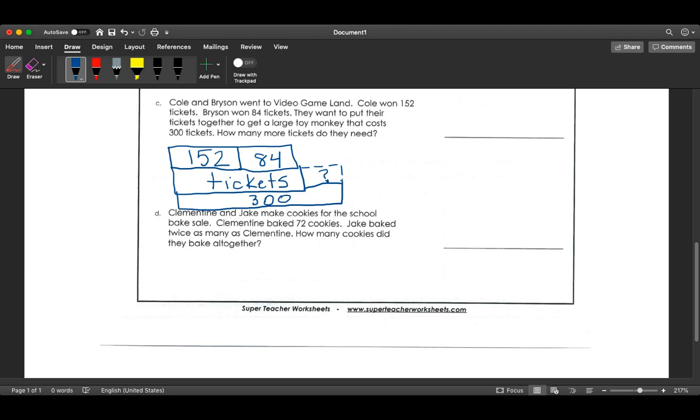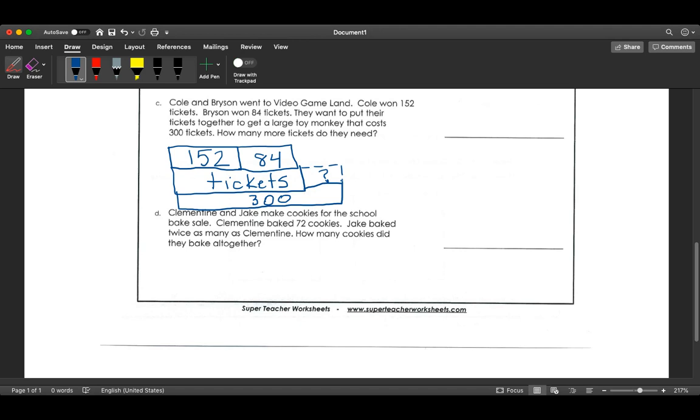So if you add together how many they each have, and then you subtract that from the 300 that they need, you'll figure out how many more tickets they need to earn in order to be able to get the monkey that they want.